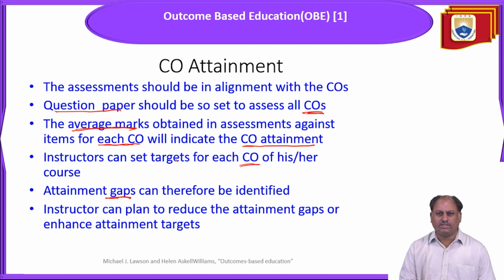Whether the attainment is reached or not reached: if the particular target, 70% or 1.8, is not reached, we are going to fill up these gaps. How do we fill these attainment gaps? What are the identified gaps?